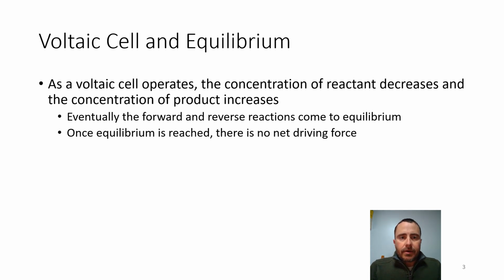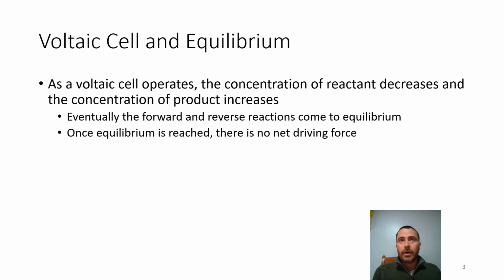If we think about a voltaic cell, our voltaic cell is going from our reactants to our products, the way that our equation is written. So as the reaction takes place, the amount or concentration of our reactants starts to go down, and the concentration of our products is going to start to go up.